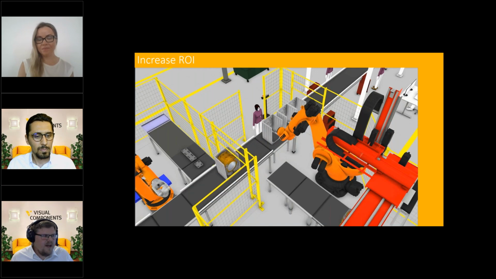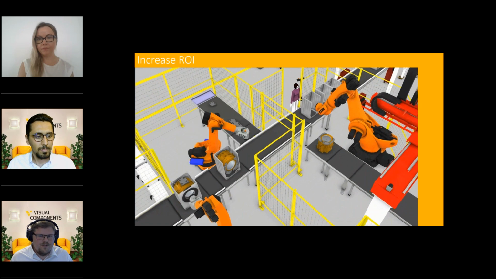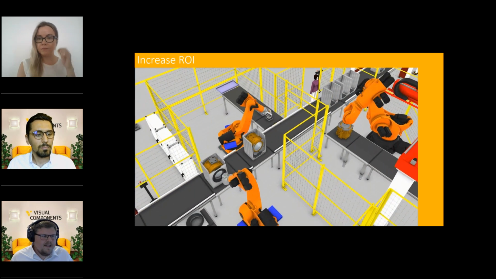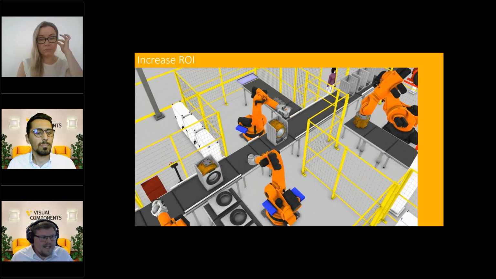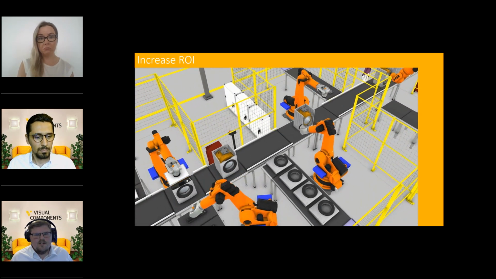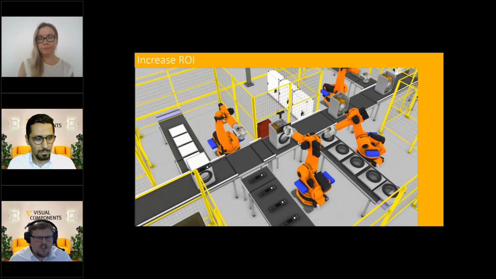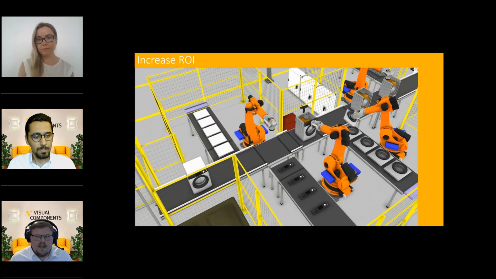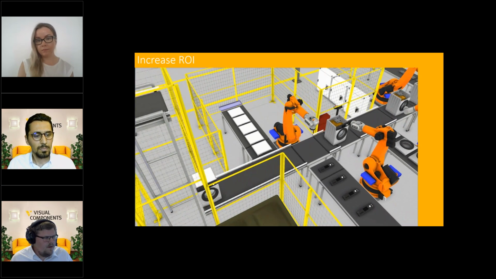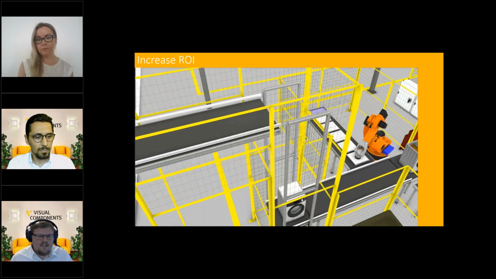They are estimating that the total cost of the project was reduced by 15%, and that amounts to $879,000. So close to $1 million. They are estimating that they were saving on this project alone by utilizing simulation. And that is just fantastic numbers.